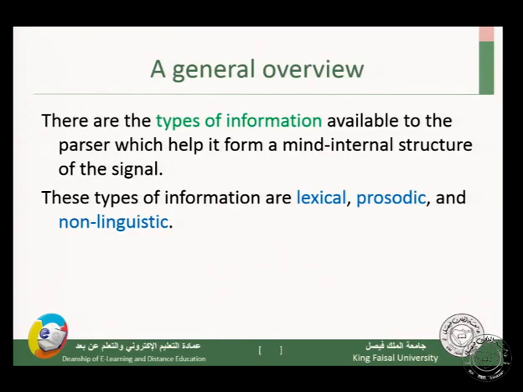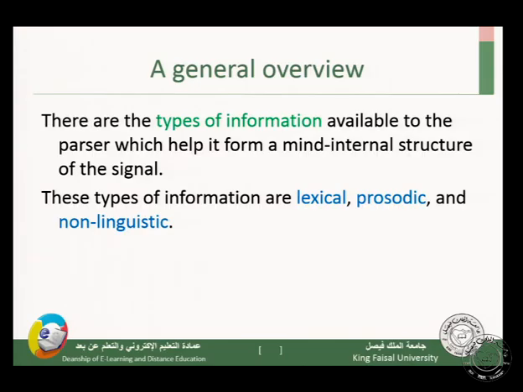A general overview: there are three types of information available to the parser which help it form an internal structure of the signal. As I've said before in the previous lecture, the parser receives just sound, and its job is to help you understand by creating a syntactic structure.